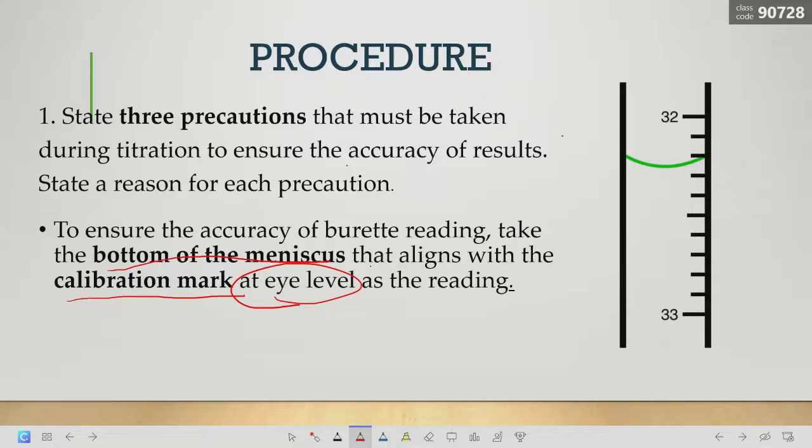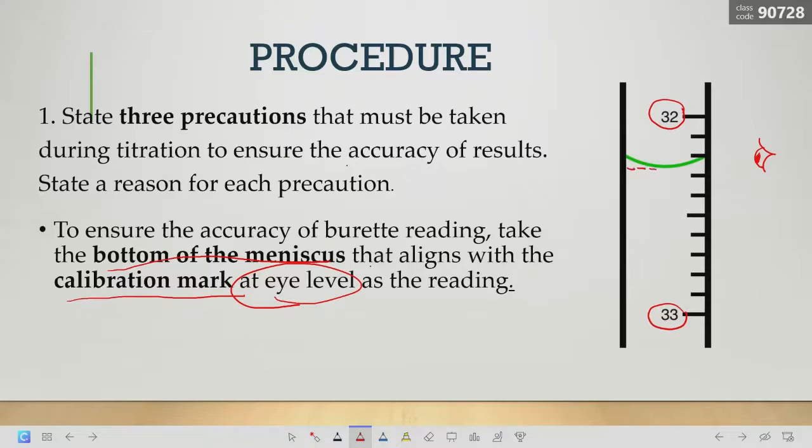So you can see here, this is the burette reading. This is 32. Kita baca dia, 32. Kat sini bawah 33. When you look, your eyes must be parallel to the bottom of the meniscus, so you can see the line of the solution here.